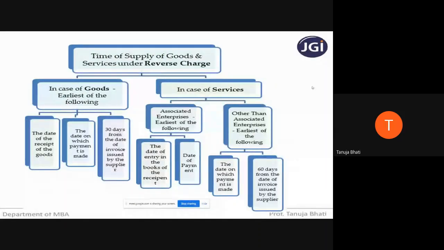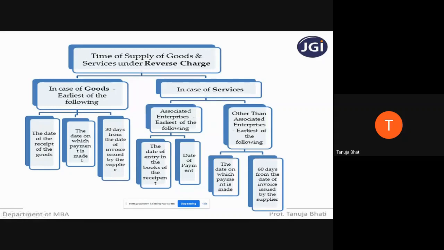Now, time of supply of goods and services under reverse charge. So under reverse charge, the recipient is liable to pay tax. In case of goods, it is earliest of the following three dates: the date of receipt of goods, when the goods are being received. Under reverse charge, remember students, the recipient is liable to pay tax, that is the purchaser. So the date on which the goods are received by the recipient, or the date on which the payment is made by the recipient.